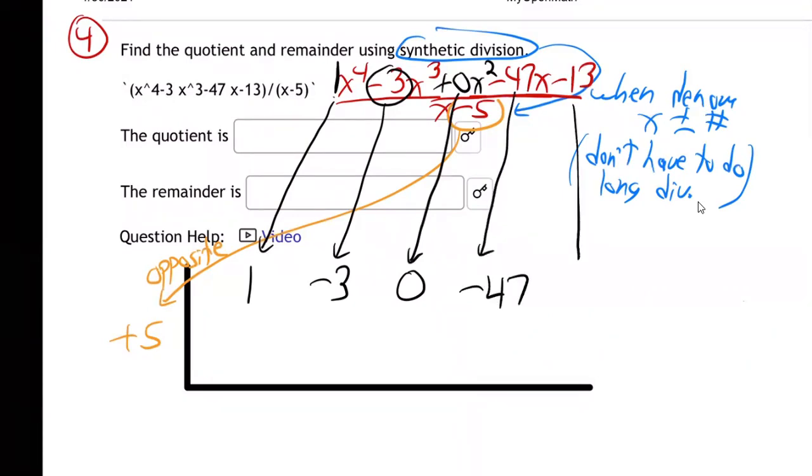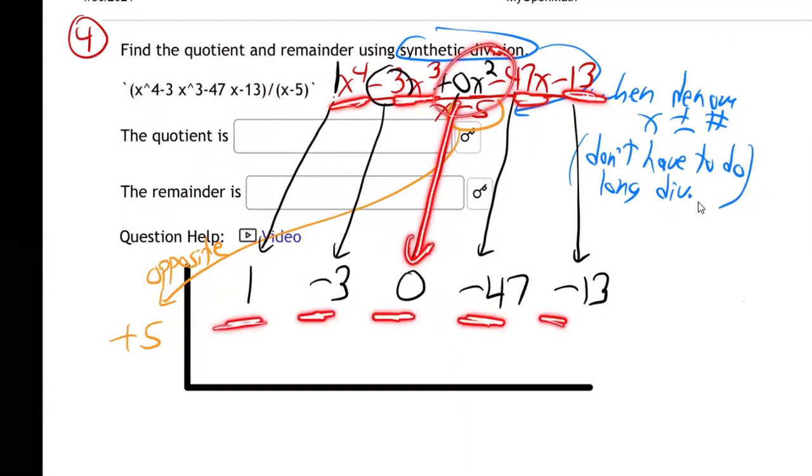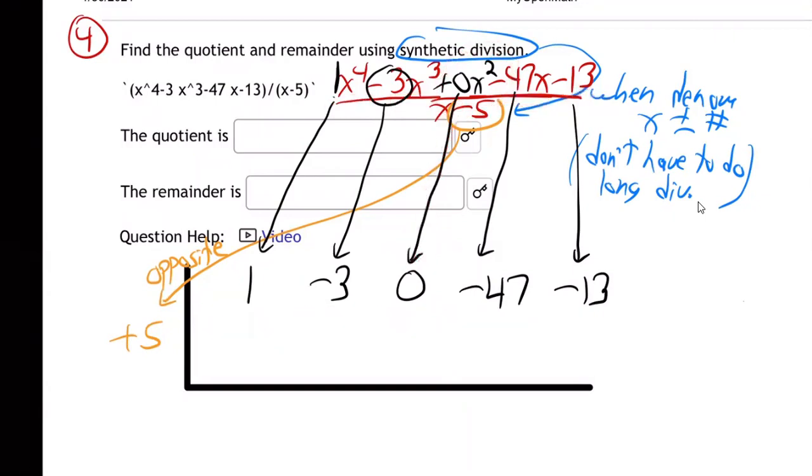Minus 47 and minus 13. There we go. That middle one was missing, right? They just had x to the 4th, x to the 3rd. They skipped x squared, went down to regular x, and then the plain number. So if something's missing, you can't just skip it. You have to fill it in as a 0 when you do your synthetic division.